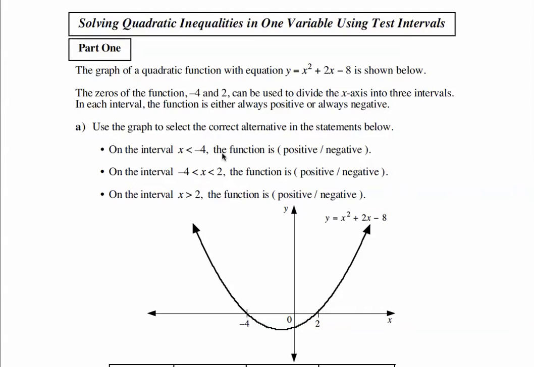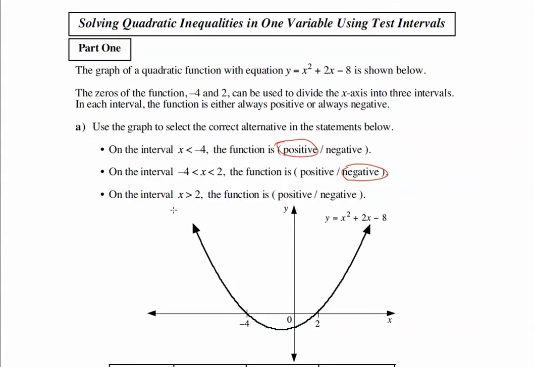On the interval where x is less than -4, is the function positive or negative? In this case, our function is positive. On the interval between -4 and 2, is our function positive or negative? This interval is negative.